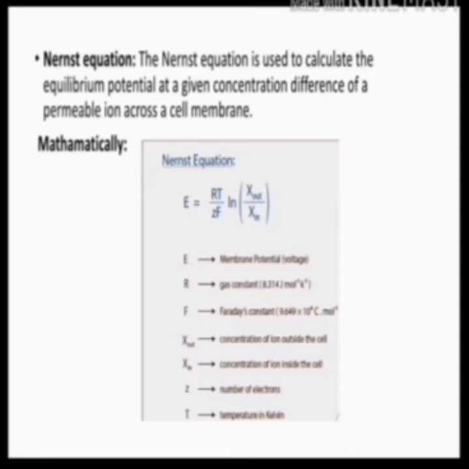Now how much potential difference is required to reach the point of no net movement of solute across a membrane? We simply calculate that potential difference by the Nernst equation.